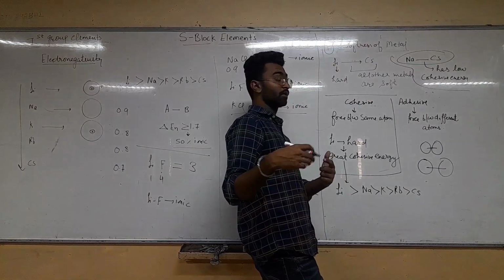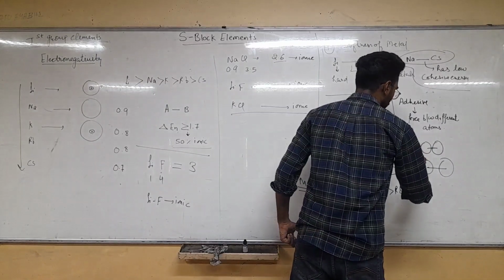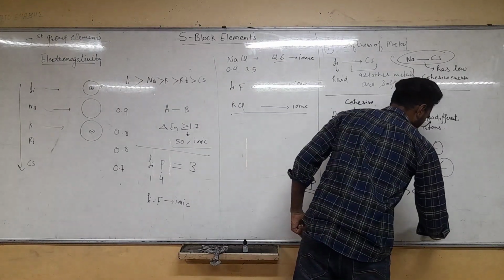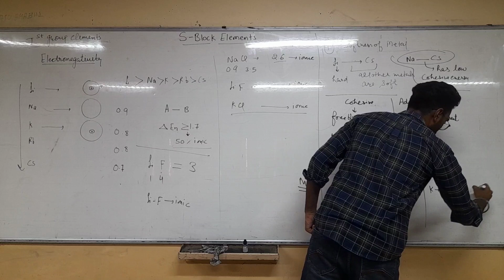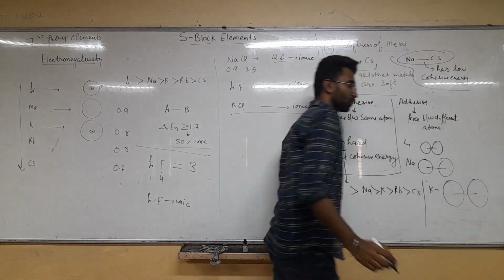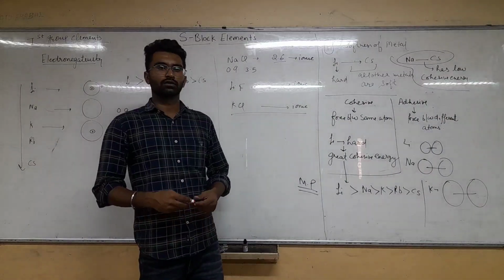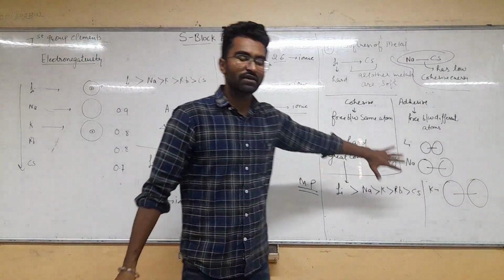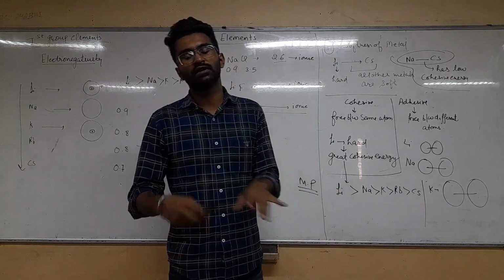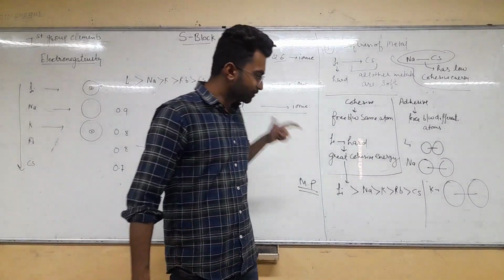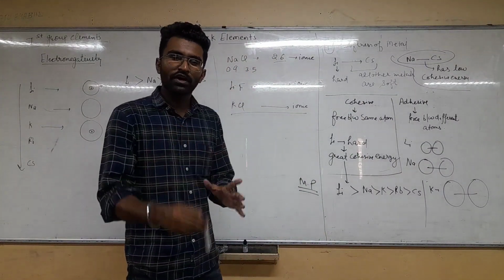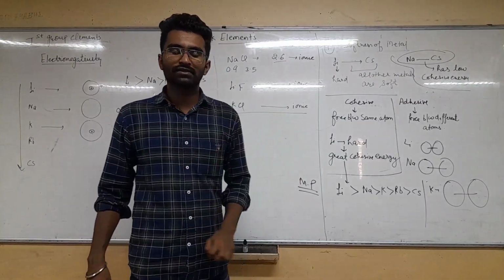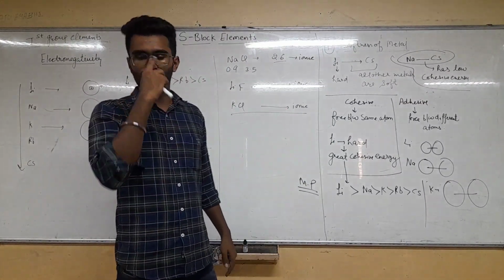If I am talking about potassium, this is the distance between them. So going down the group, the size of the atom is getting larger, thus the cohesive energy is decreasing. That's why the melting point of the first group elements decreases going down the group.